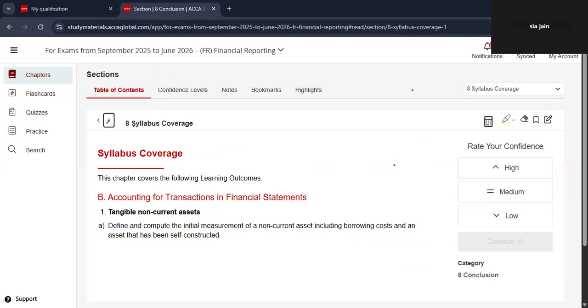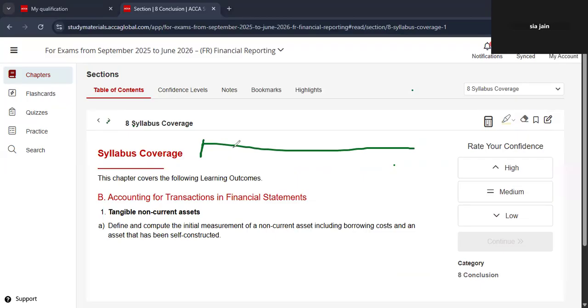So yeah, that was our IAS 23 borrowing cost. I'll just prepare a small timeline so you can know when we start. It's just a brief summary. So this is a line. Now this is where you borrowed the loan.